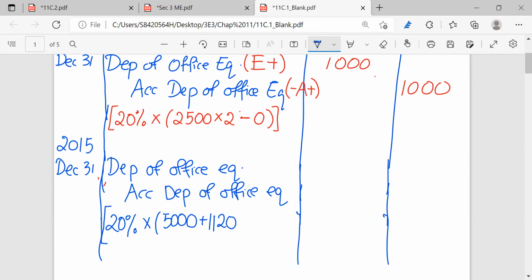But you must remember, because we are doing reducing balance method, we need to minus off our accumulated depreciation. So depreciation in the second year is 1024.